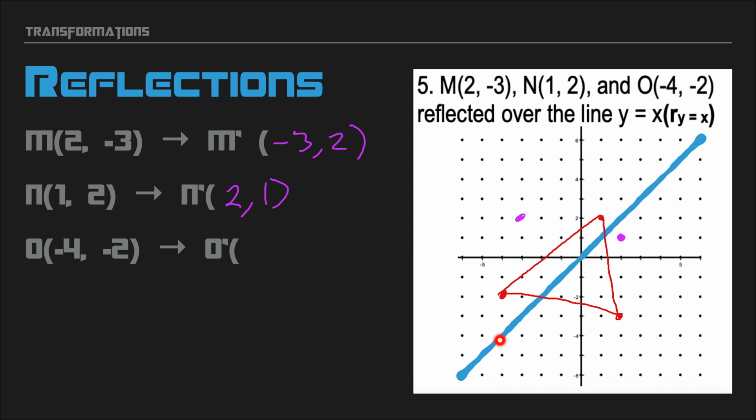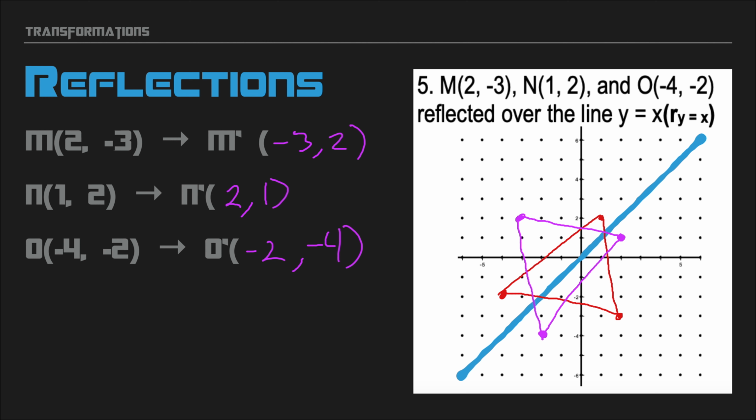I go down 2, so I'd go to the right 2, which leads me to right here. And this point became negative 2, negative 4.